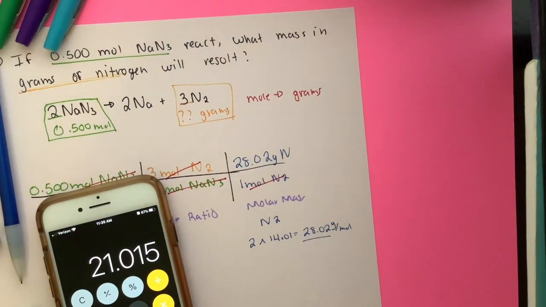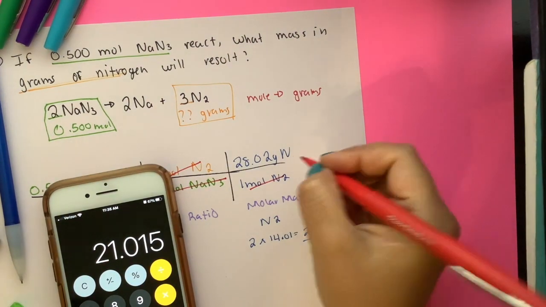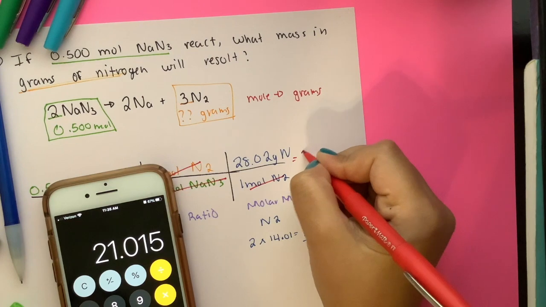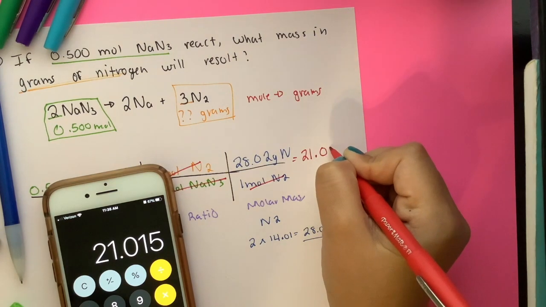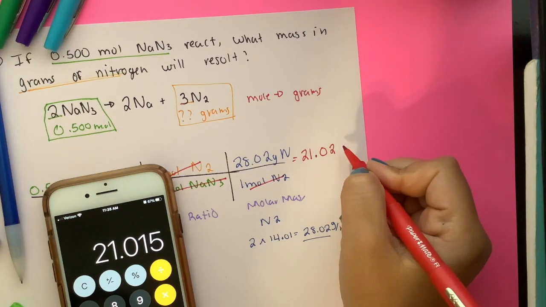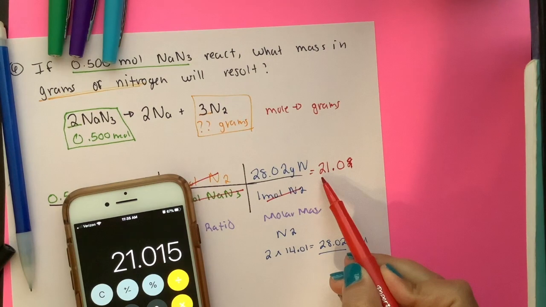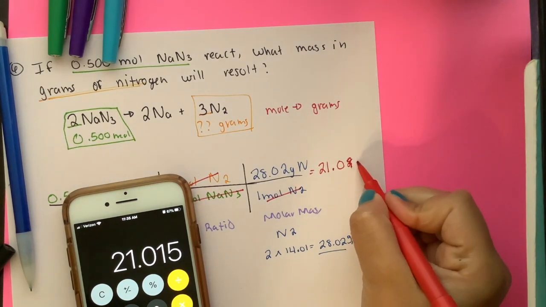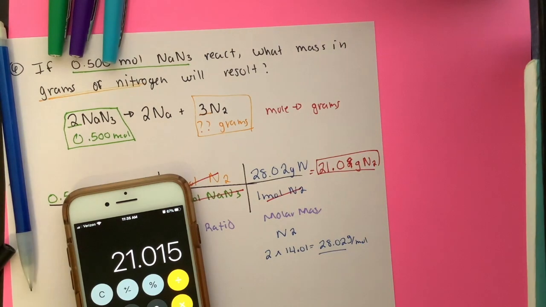And it gives me 21.01, sorry, 21.02, or just 21.0 because 3 significant figures. So 1, 2, 3 grams of N2. Okay, and that is my final answer.